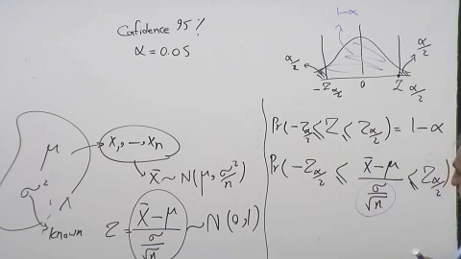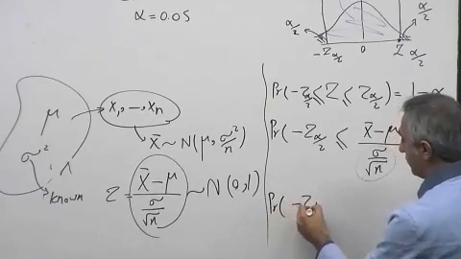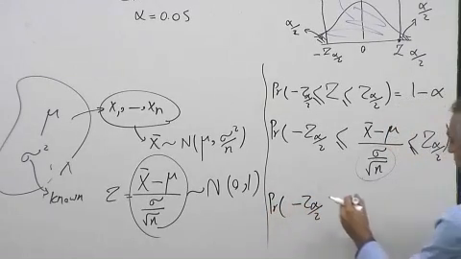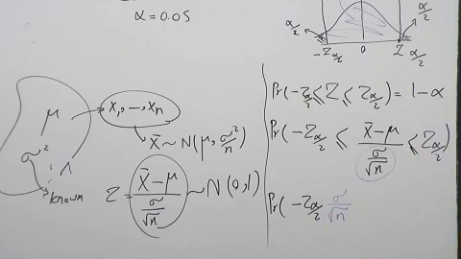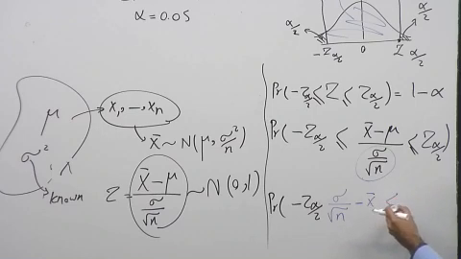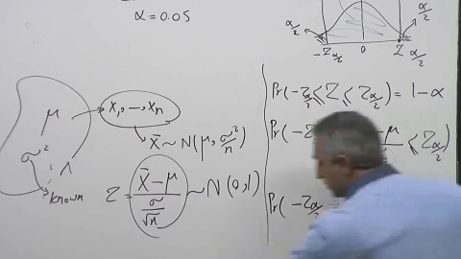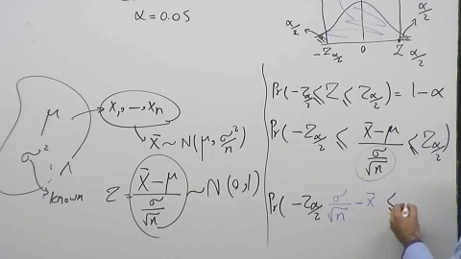So it would be the probability of this multiplied by the standard error, and then I add and subtract x bar. Let's use a different color.